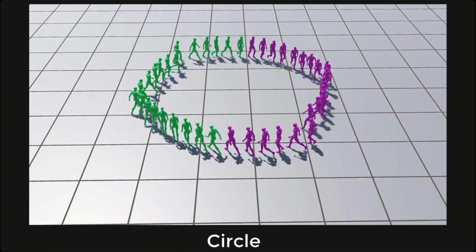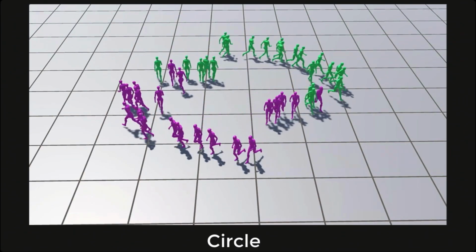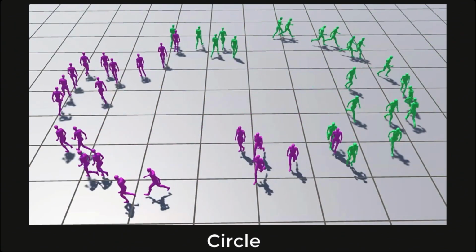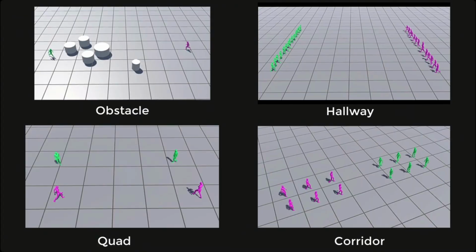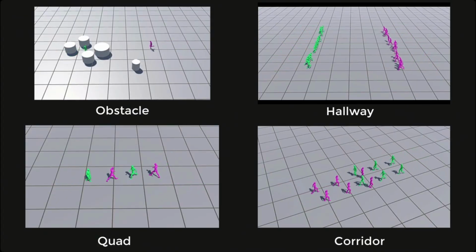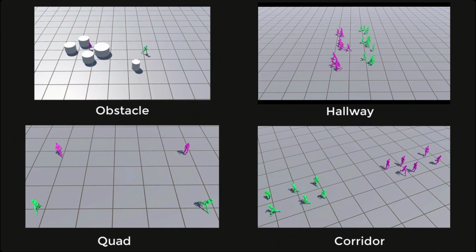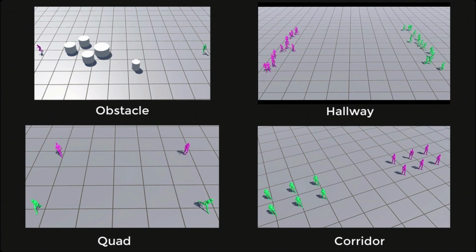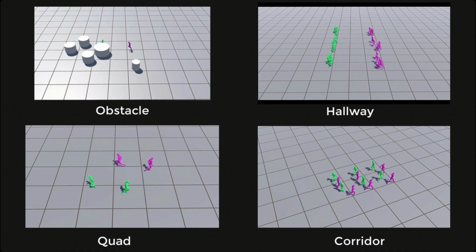Our agents using our method can reach the goal smoothly and collision-free, showing predictive crowd motion. Also in other scenarios like obstacle, hallway, quad, and corridor, agents' locomotion behavior is predictive, smooth, and collision-free. Notably, none of these scenarios are seen by our agents during the training.